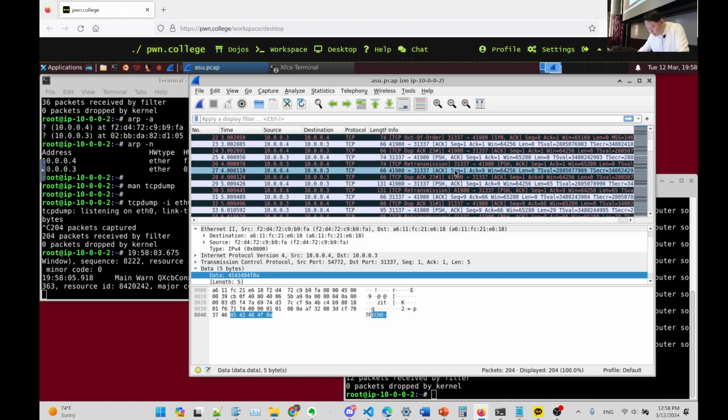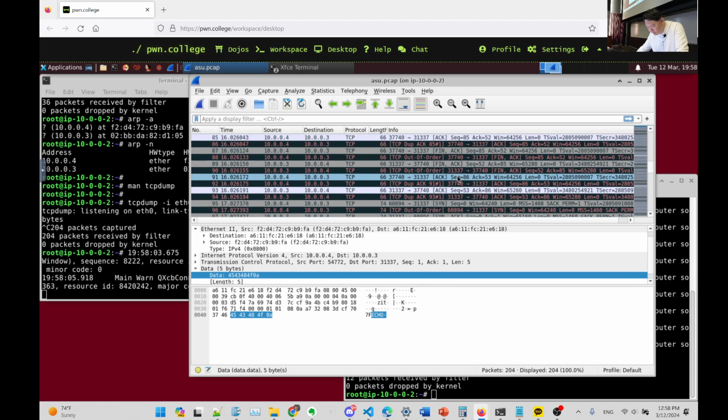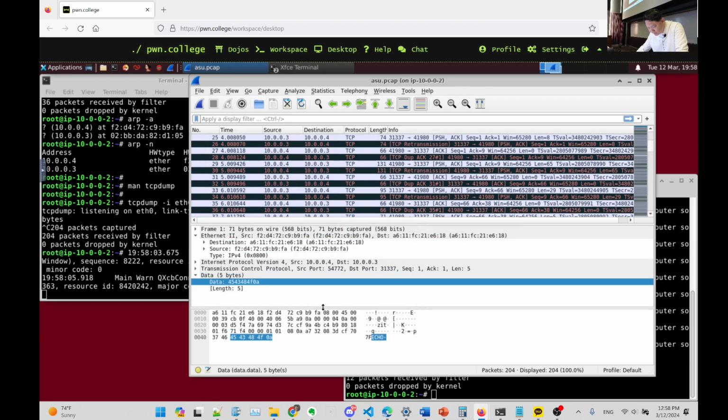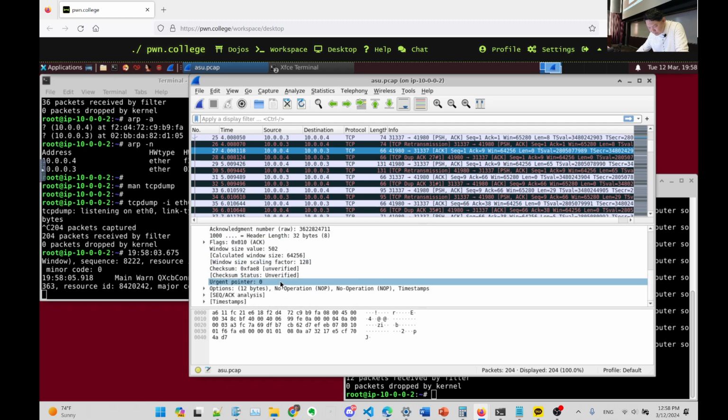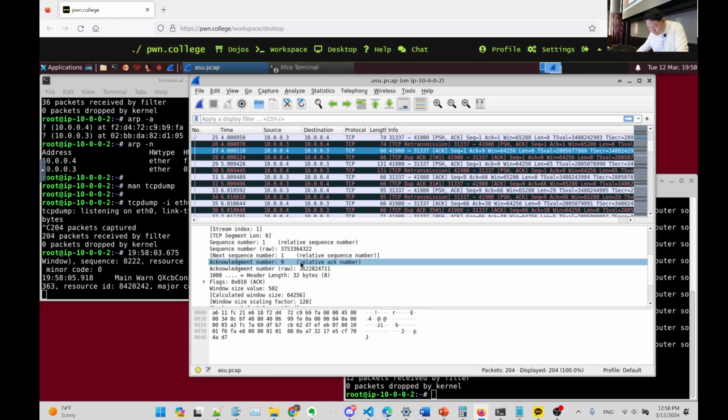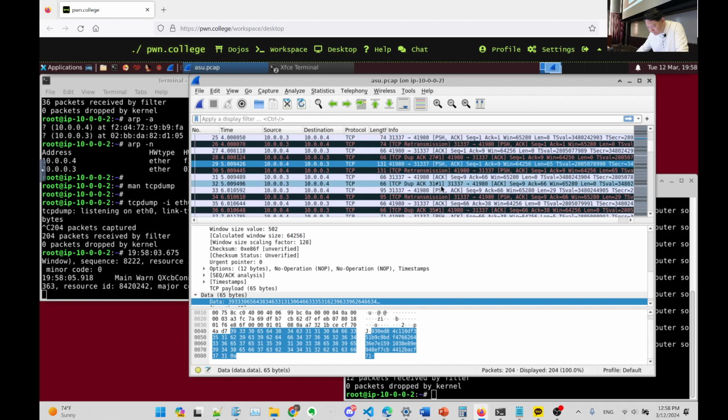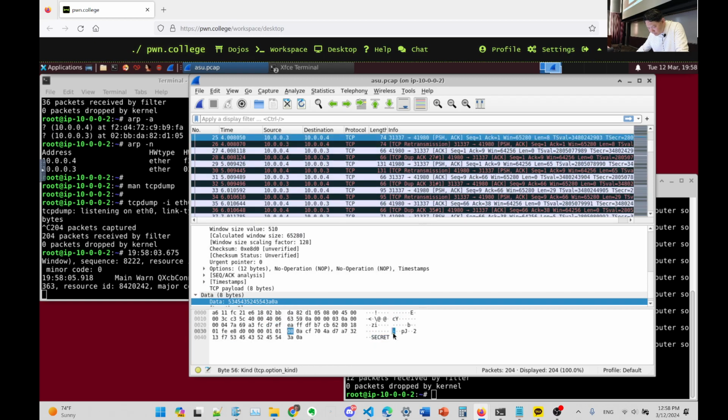Yeah, we have a lot of packets. It is not easy to see the functions. So it has some data with a character secret.